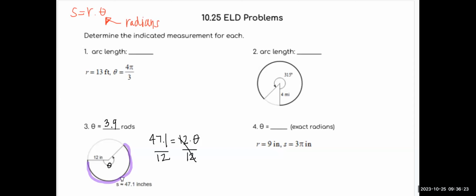It was approximate. Okay, also, if you'd rather, we could rearrange this formula. If we solve for theta, theta is equal to S divided by R. Arc length divided by radius, which is basically what we just did. Arc length divided by radius. And that gives you radians.